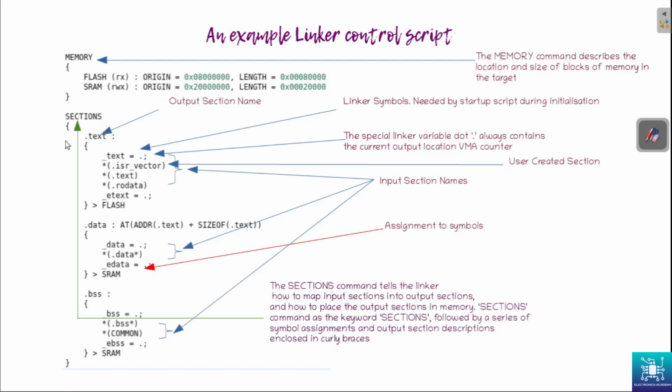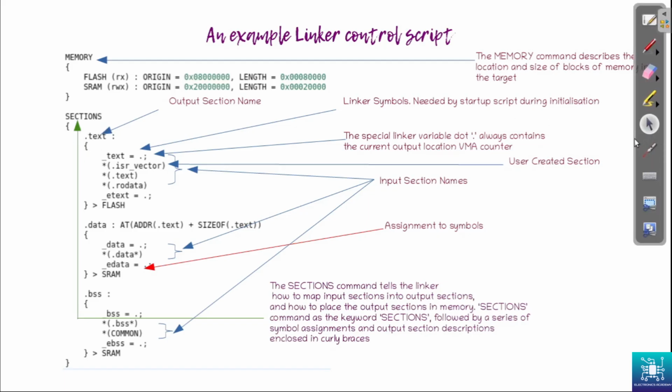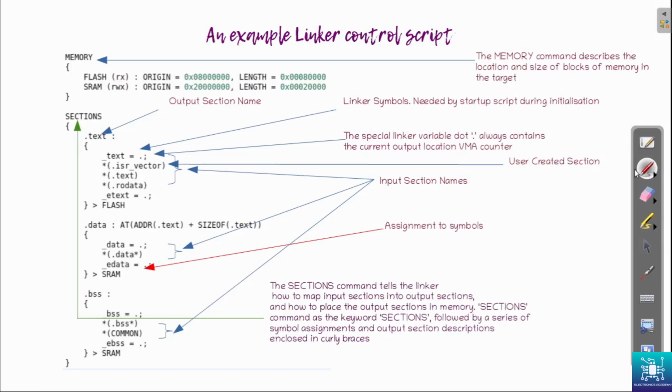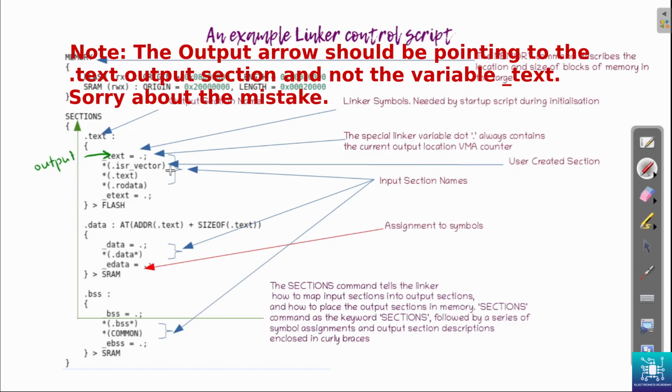So this is the output dot text section, and these are the input sections. So these are the input section names. So we'll go through the complete section command line by line.